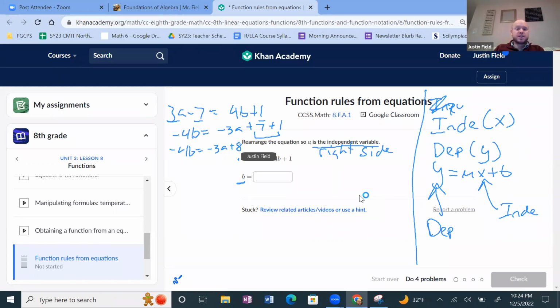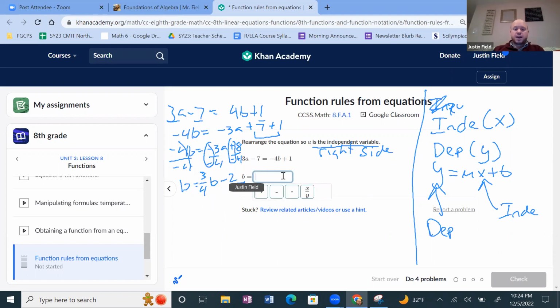Last step, what is it? Divide everything by negative 4. And when I divide everything by negative 4, I divide all 3 terms by negative 4. And so now we get b equals, and notice these negative signs cancel, 3/4 b, and these make a negative 2.